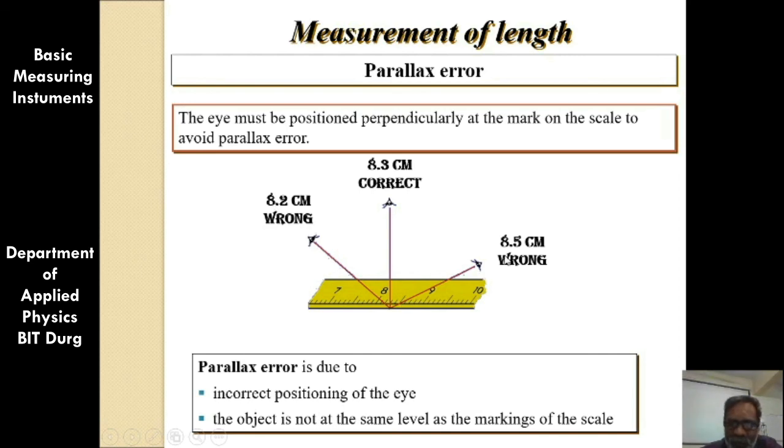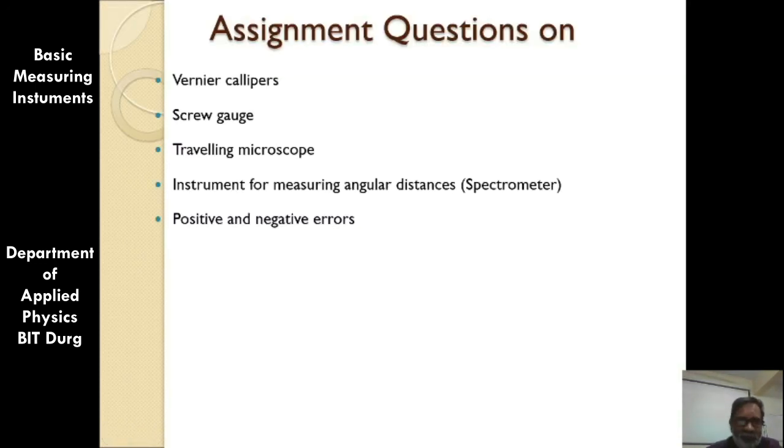If I keep it on this side, the reading will be 0.5. But if I keep my eye exactly above the portion where I have to read the scale, then I am going to have no parallax, and this 8.3 will be the correct reading. So whenever we try to get this type of reading, I must be very careful about the parallax error.